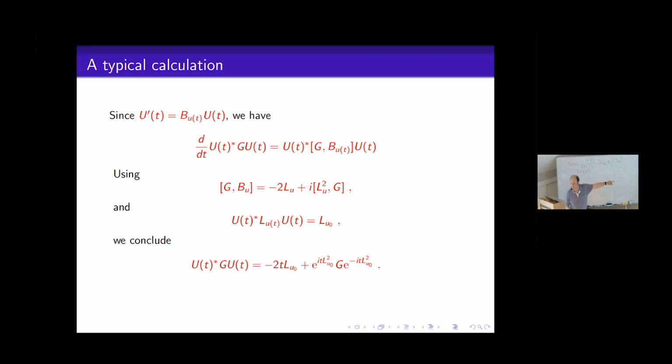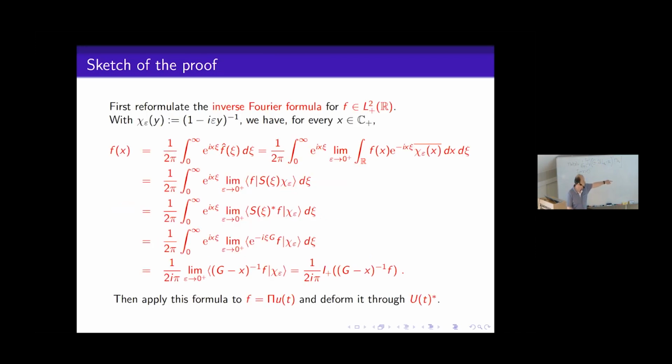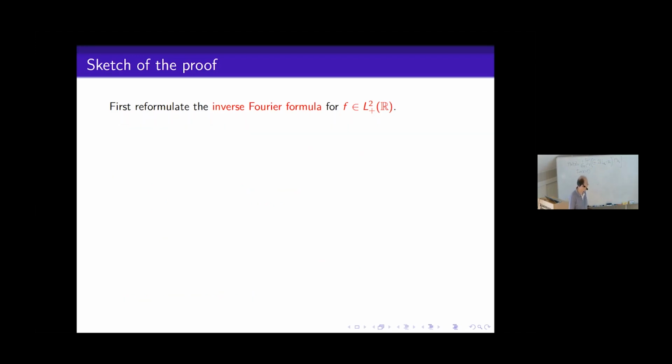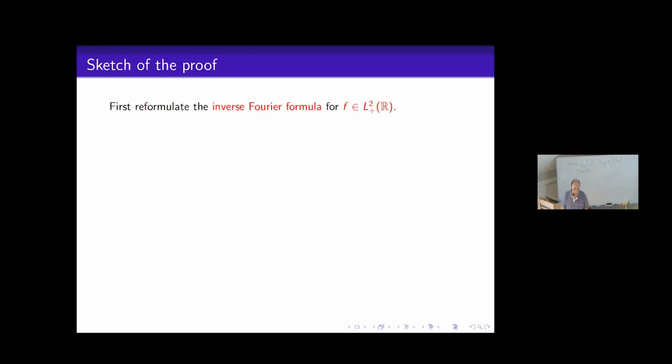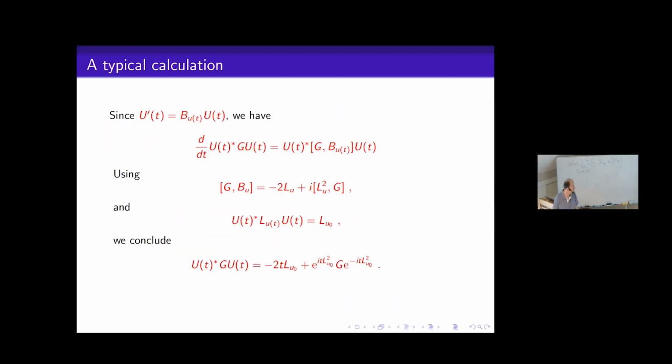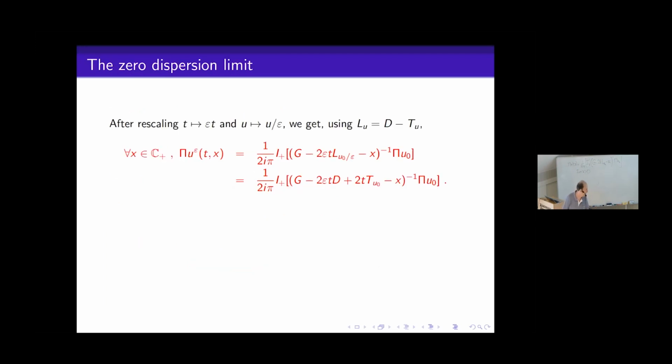Then you plug that kind of formula in the previous formula here. You can do also the computation of U(t)* Π_u U(t), etc., and you get finally this formula here, which is this one. So it's not a big deal once you have understood the real importance of the Lax pair members.